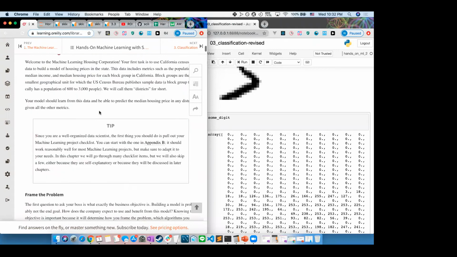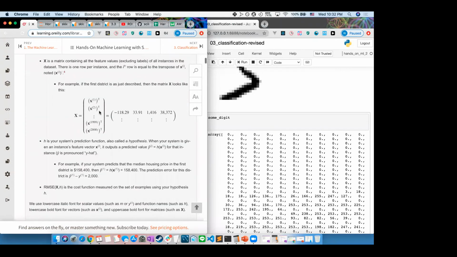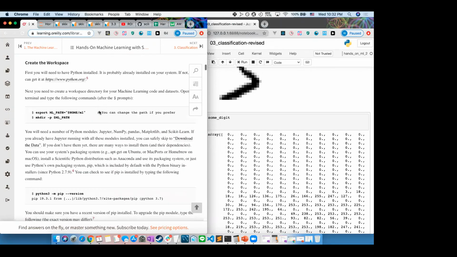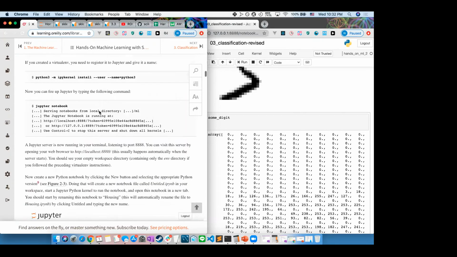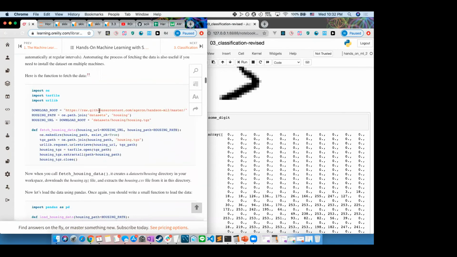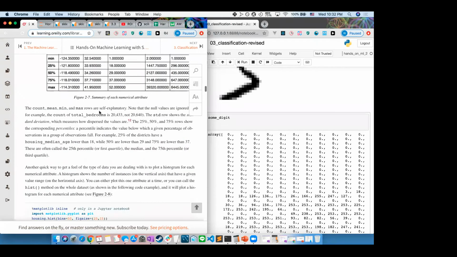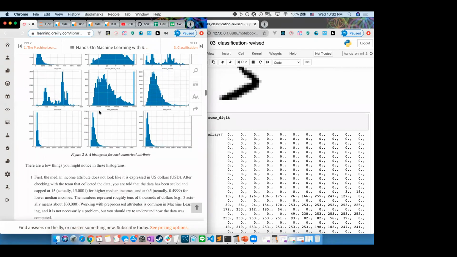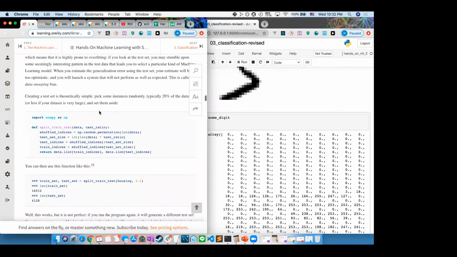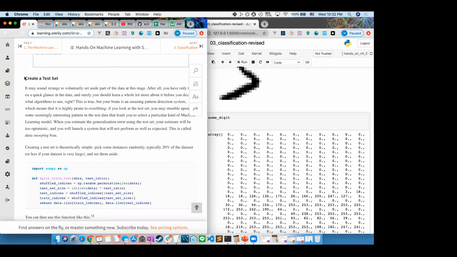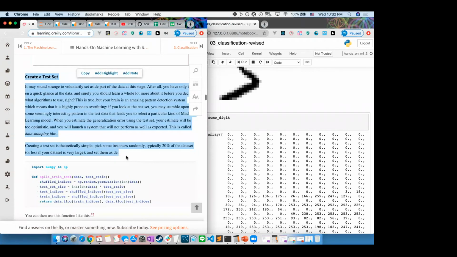If you recall, the step when Aurélien Géron started separating the test and train sets is right here. Okay, so this is where he started, right?